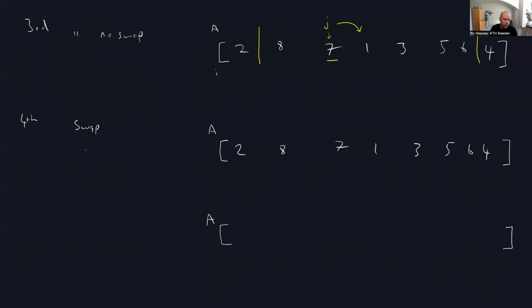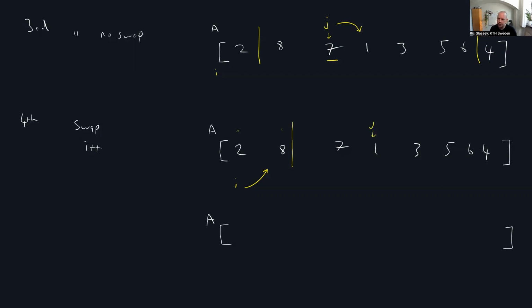Because there's a swap, we then increment I. So I is now going to point at position 1. Remember we were at 0 for a while, we're now at 1. What this has done is it creates these small numbers, and j is currently pointing at 1.